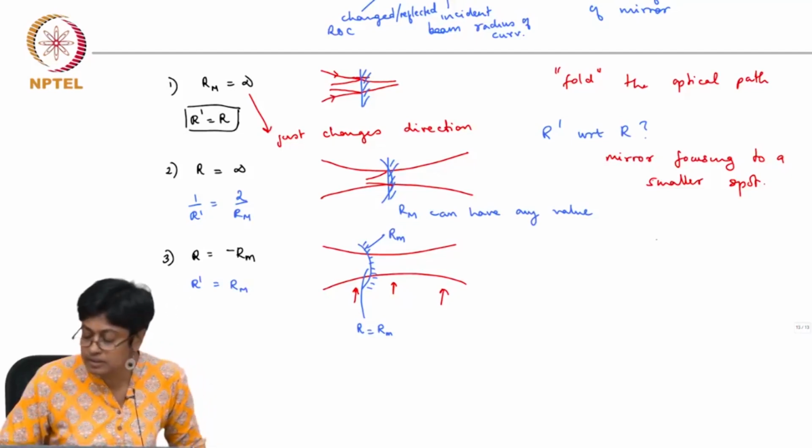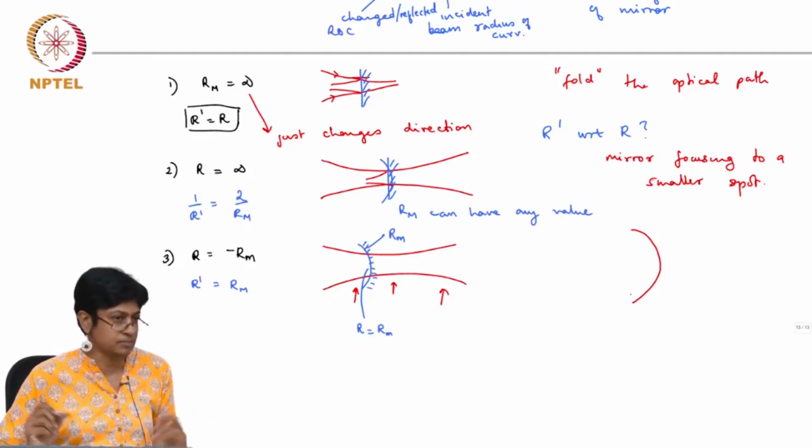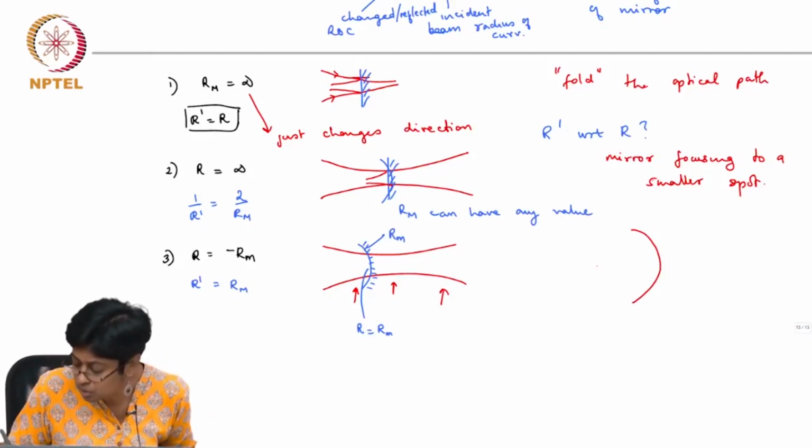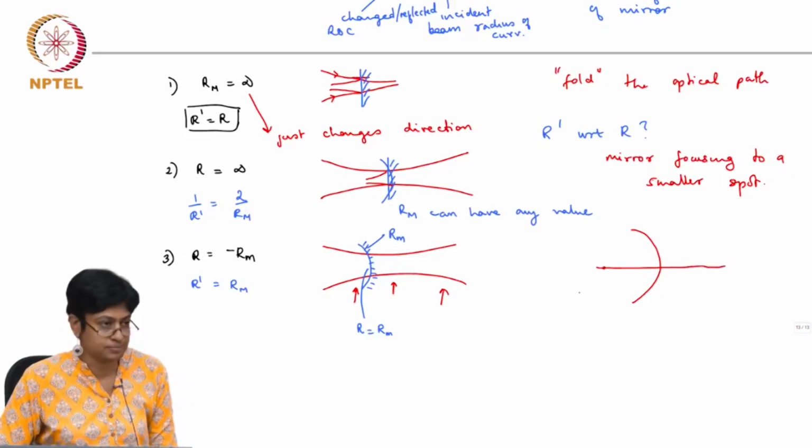So let's look at this a little closer. Let's say this is part of a sphere, okay? We always draw our mirrors or our lenses like this. Let's say this is the center.